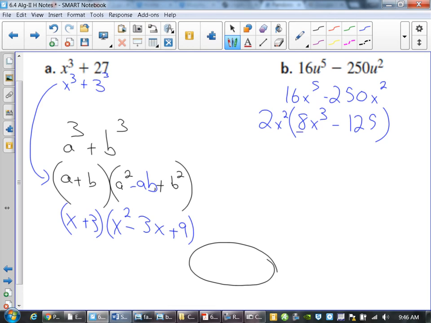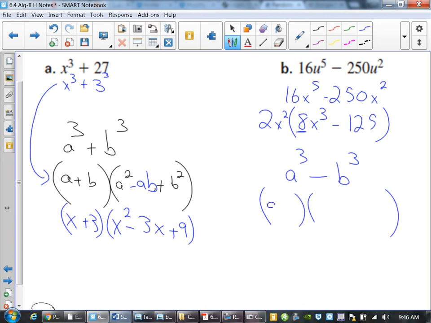Is 8 a perfect cube? Yeah. So this is your A cubed minus B cubed. And this pattern goes, same deal, minus, plus, plus.